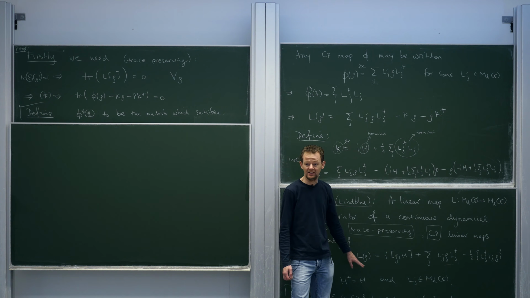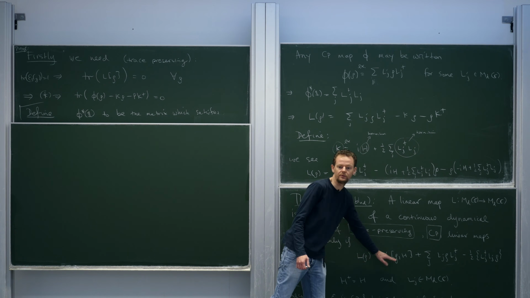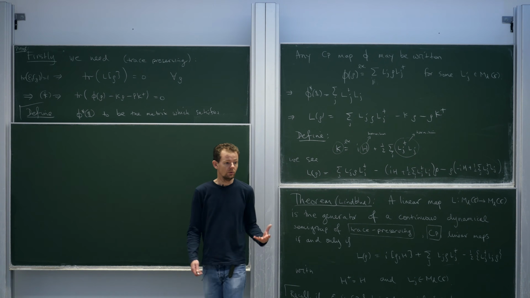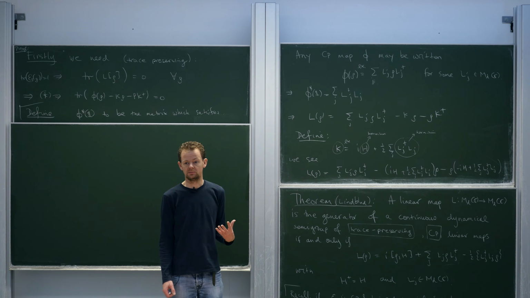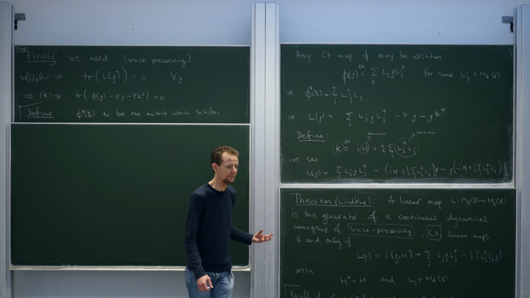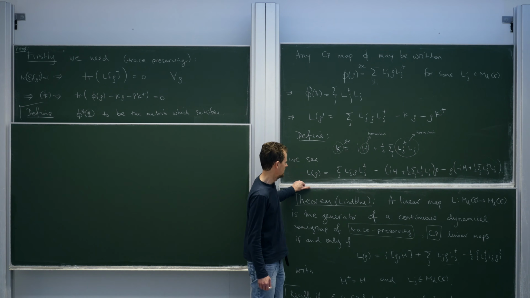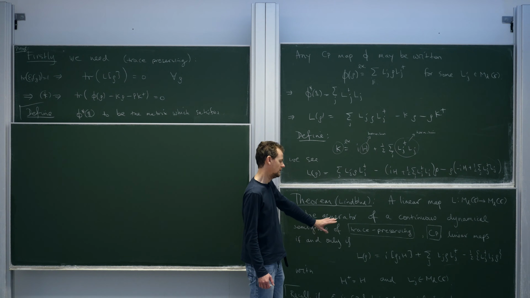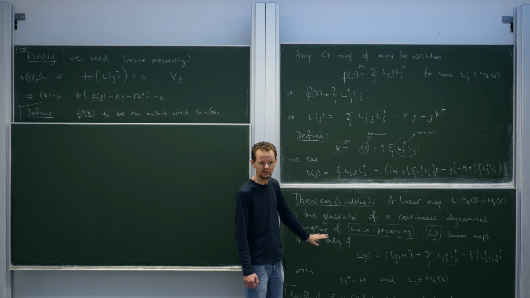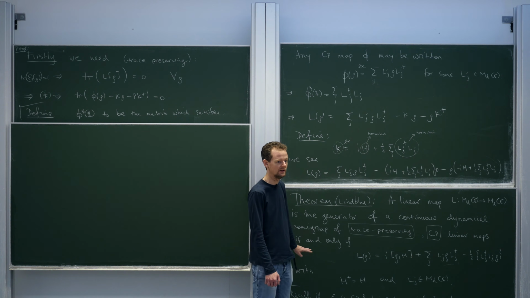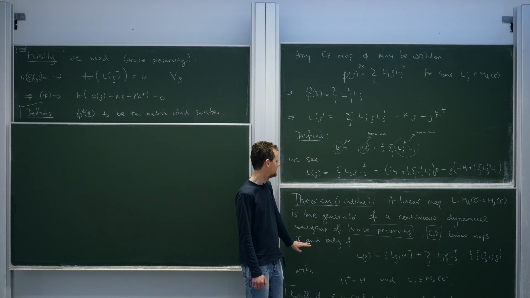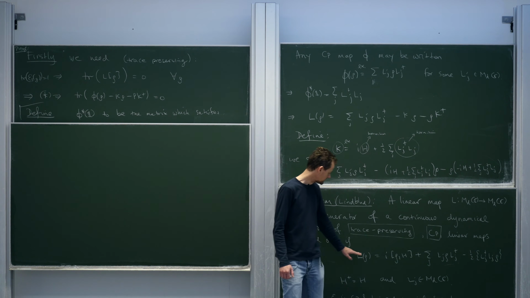So any time you have an effective equation of motion which has this particular form, the generator, then you know that it's an implementable operation in quantum mechanics. There exists a way to implement it. And that's, I think, a tremendous result. This didn't have to happen, but it does happen, and it happens often enough that it's an extremely useful thing to know.